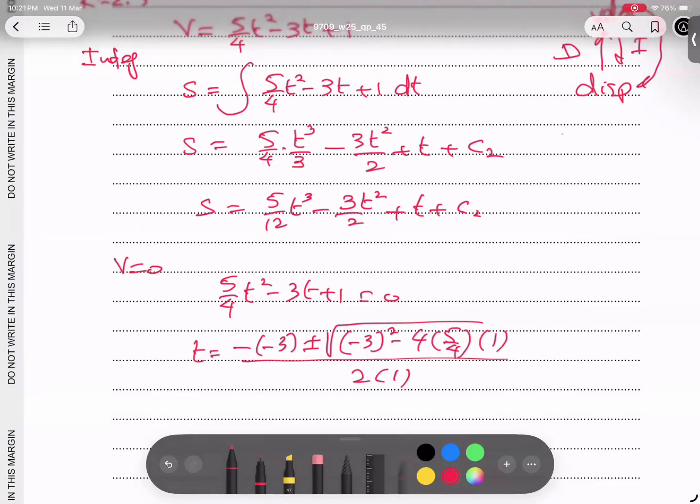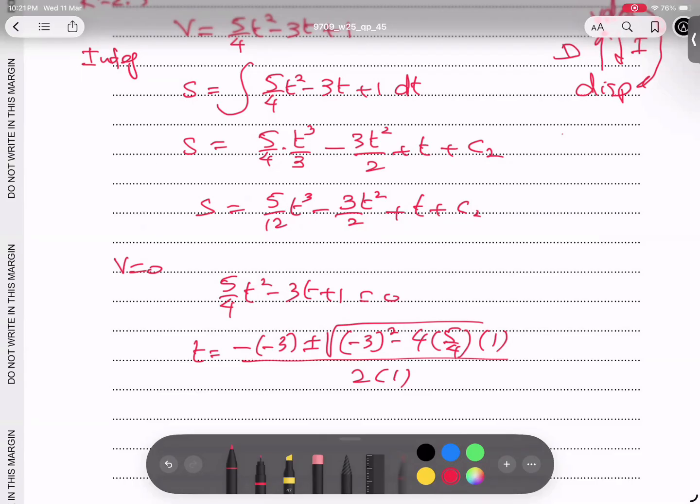So students, let's try it. At least this step you need to show to the examiner. Then we can apply it directly in the calculator, no problem at all. So a value is 5/4, b value is -3, and c value is 1.